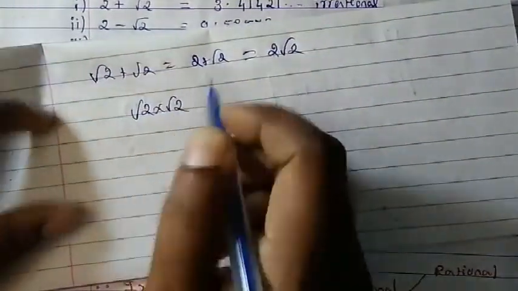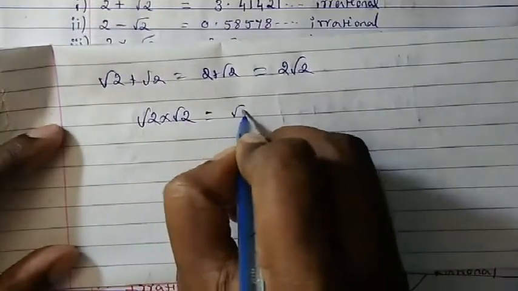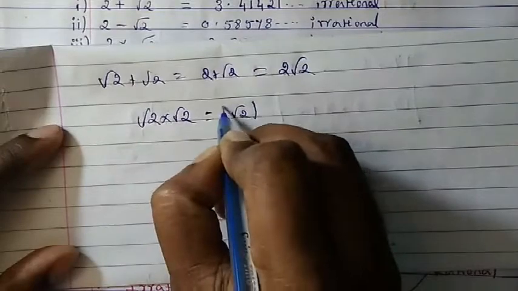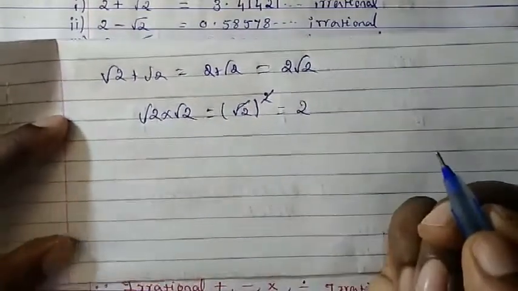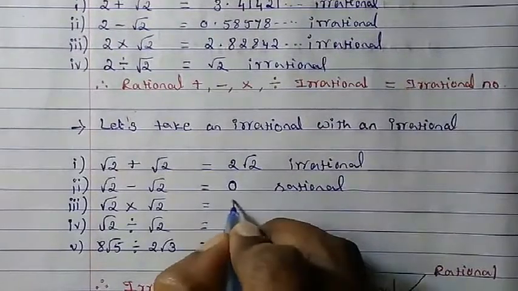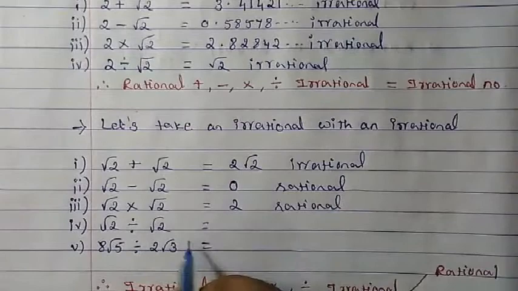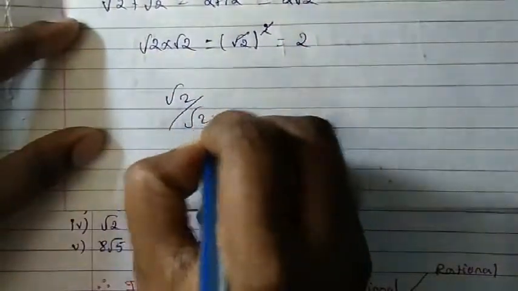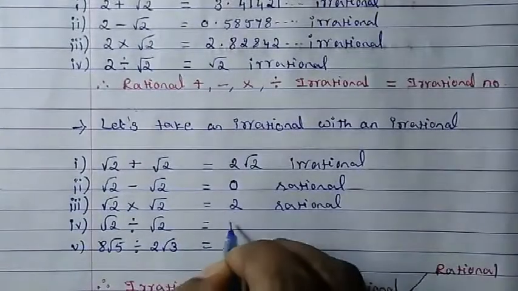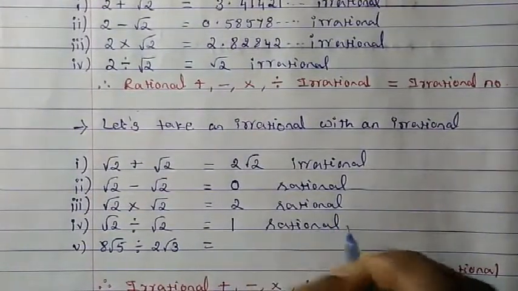Root 2 multiplied with root 2 becomes a square, so we can remove the square and we get 2, which is also a rational. Now when we are dividing root 2 with root 2, they get cancelled, so we will get 1, which is also a rational.